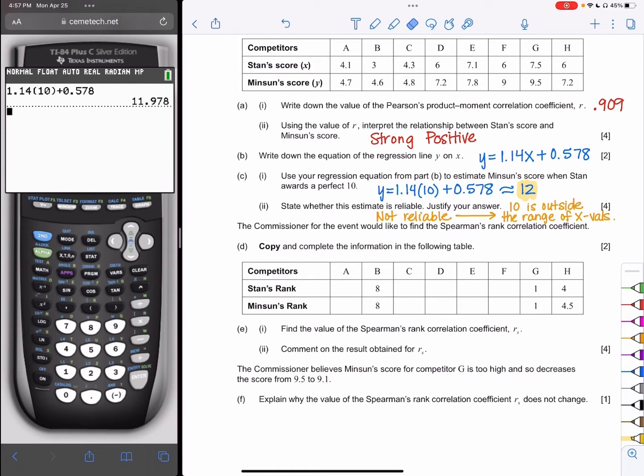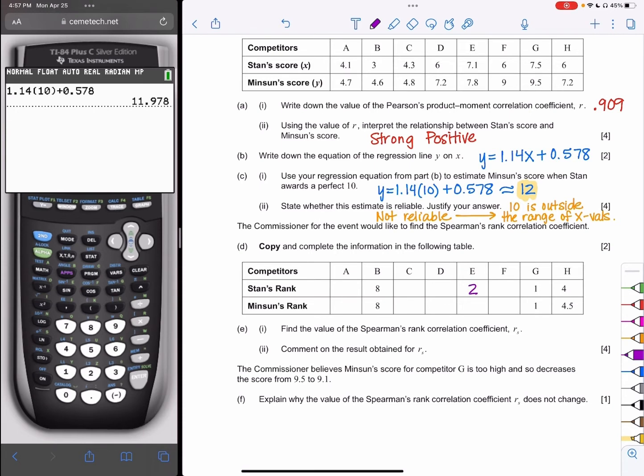If 7.5 equates to a ranking of 1, then the next number lower than 7.5 is 7.1, which is point E. The ranking of the 7.1 for Stan is going to be 2.